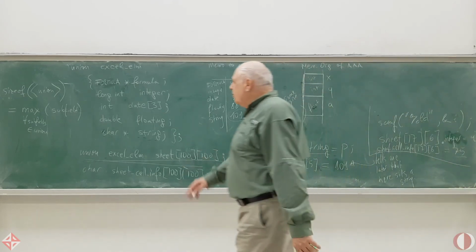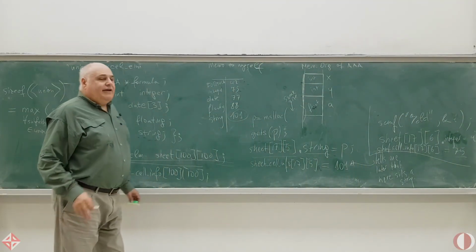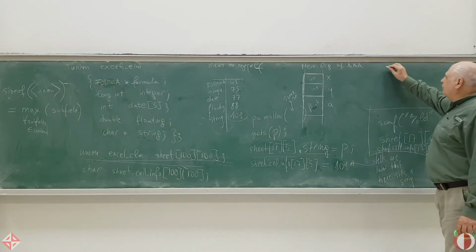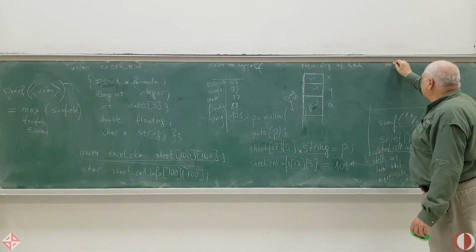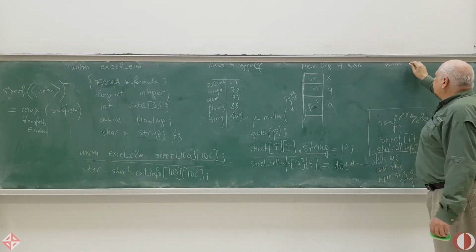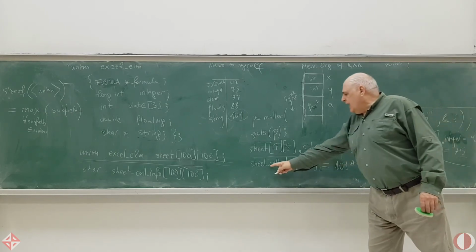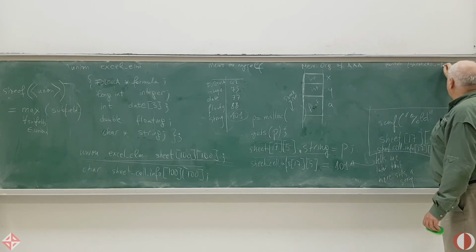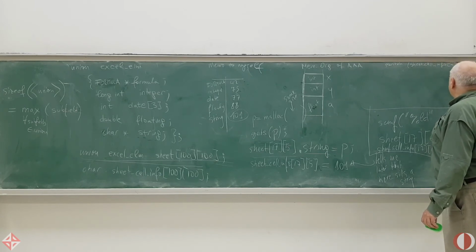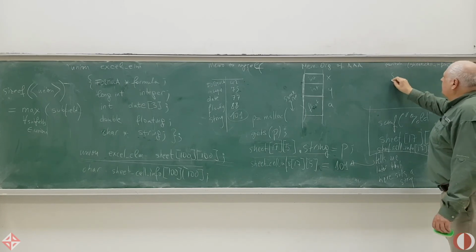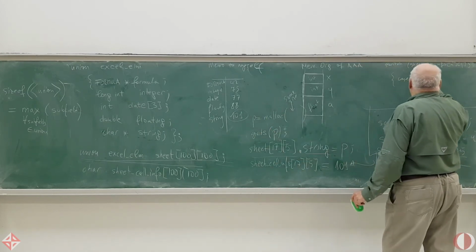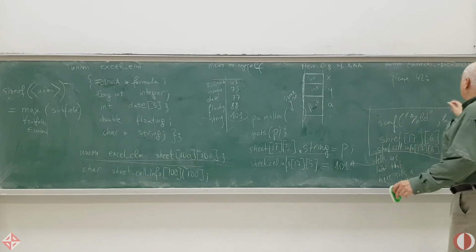Later on, I will have somewhere in my code possibly a switch statement which looks at the sheet cell info I, J, and has here some case which says if it is 42, it is a formula.